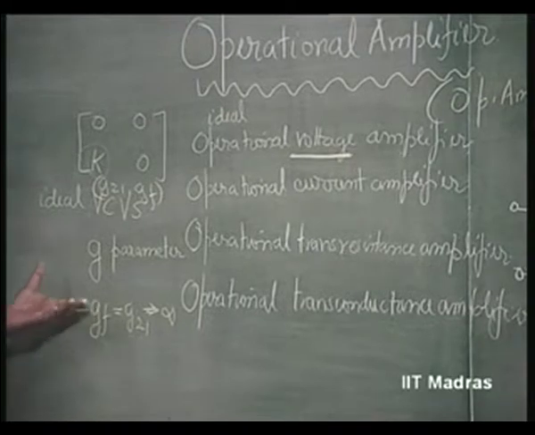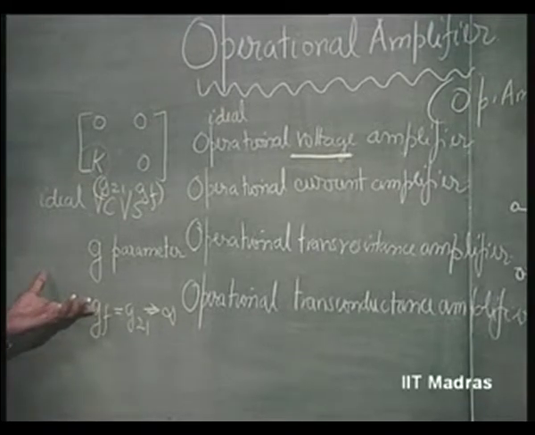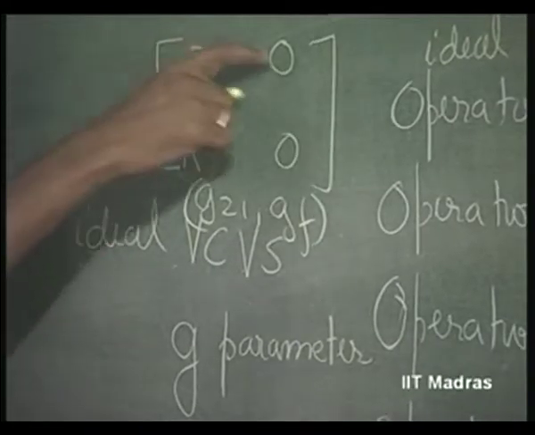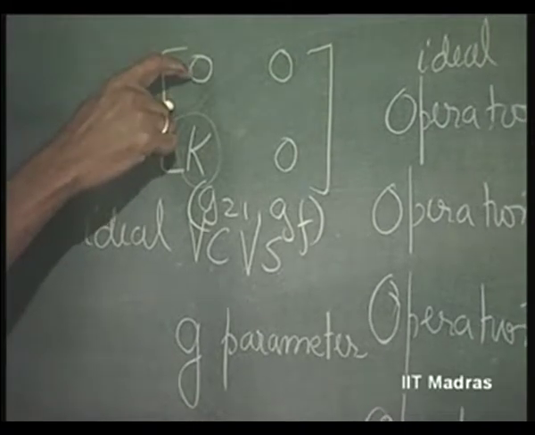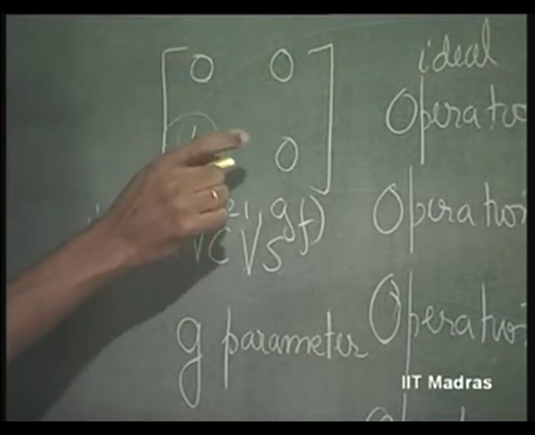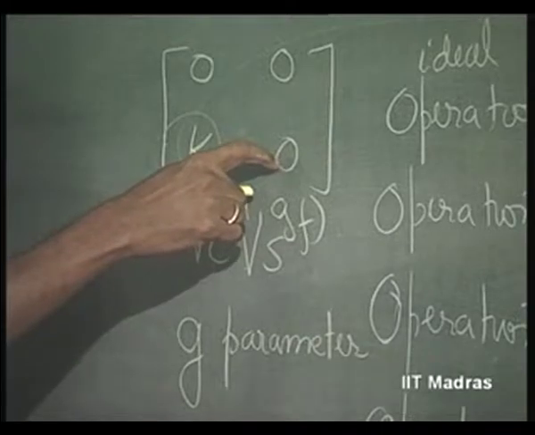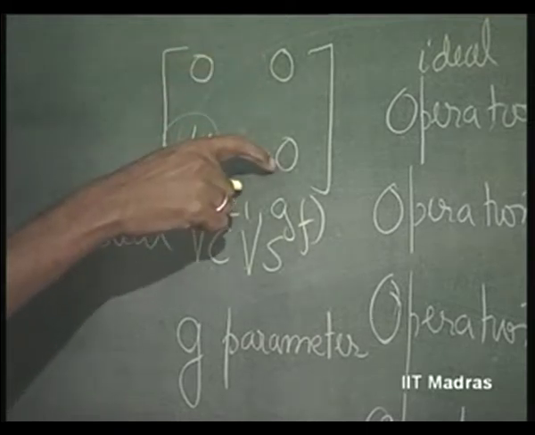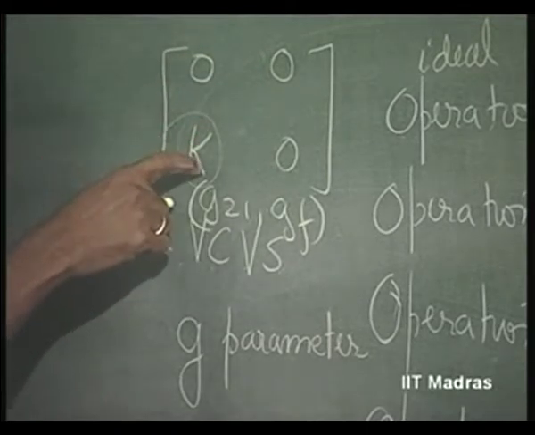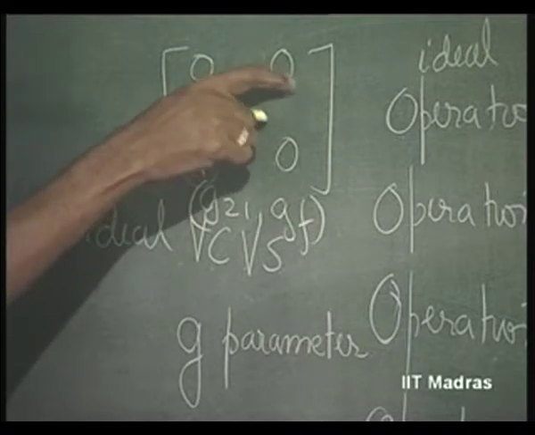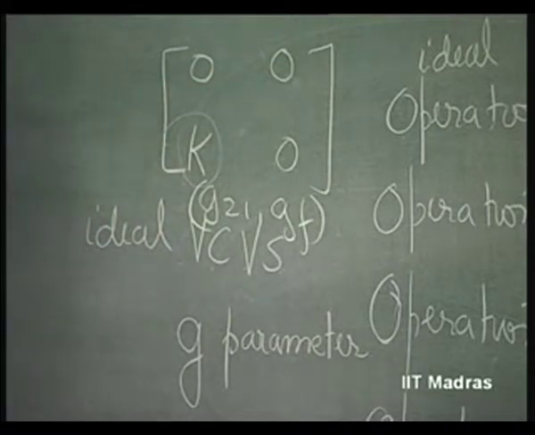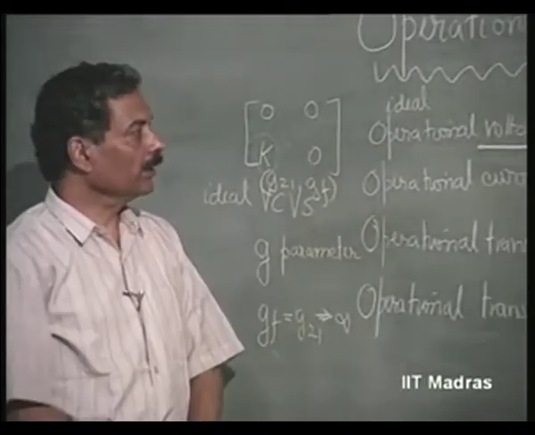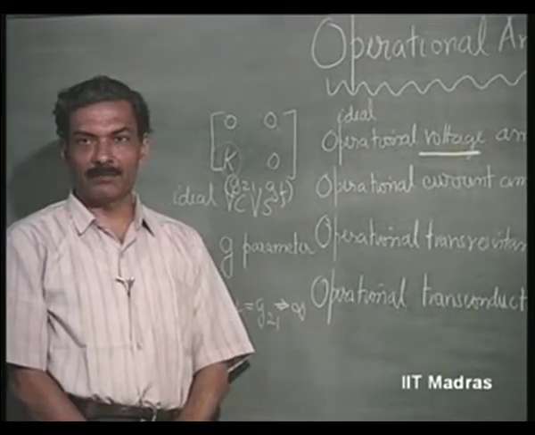So, once again, if an ideal voltage controlled voltage source is taken in which all the 3 parameters, input impedance, output conductance, reverse transfer ratio, all these 3 things are 0, and only the forward transfer ratio, which is the voltage gain, this is reverse transfer current ratio. This voltage gain, if it becomes infinity, then we reach what is called ideal operational voltage amplifier.